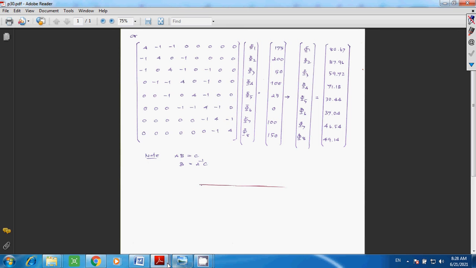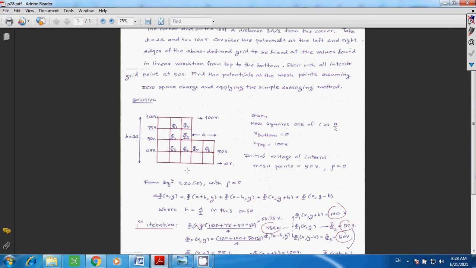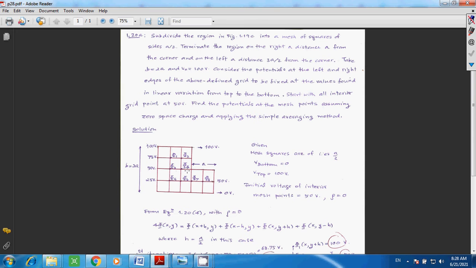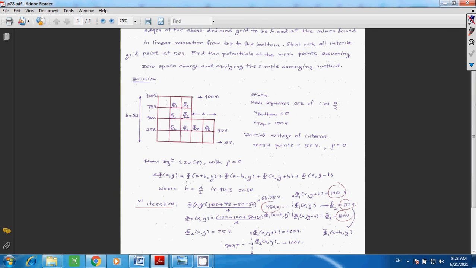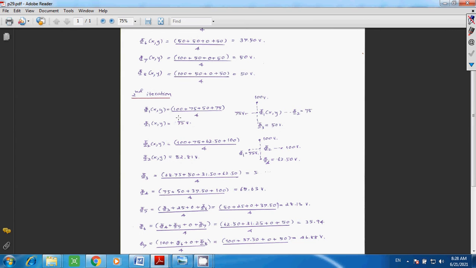For the problem 128. Okay, we move to the next problem. Oh, sorry, this is the same problem. I'll show you how to do the second iteration.